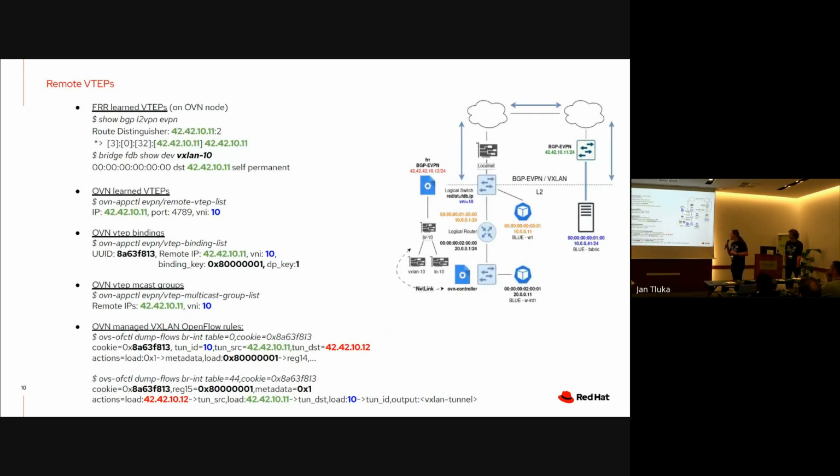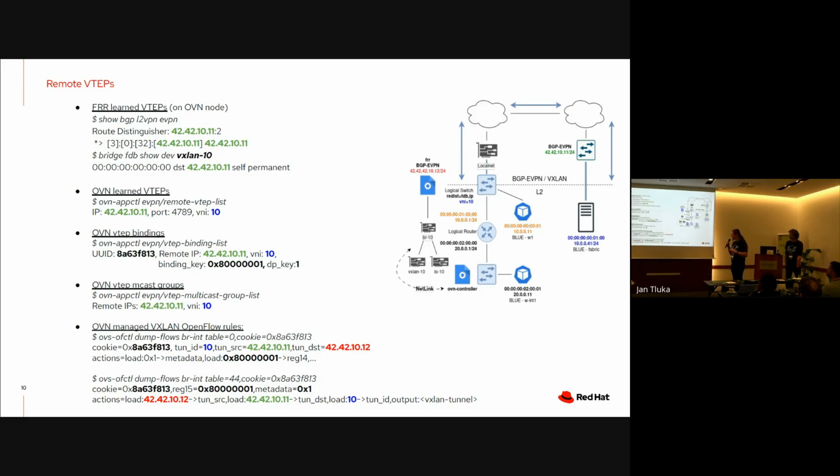So the first step that we need to do in OVN is to learn the remote VTAP. In this case, the remote VTAP means this IP address that is the endpoint of the VXLAN tunnel that we will use to connect through. FRR will learn that and populate it on the VXLAN interface.